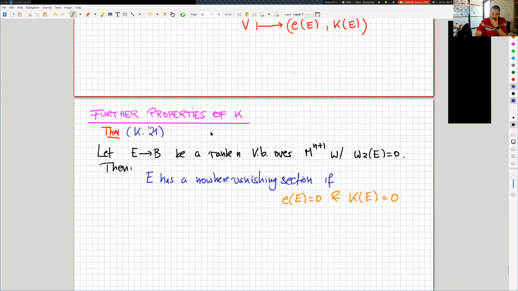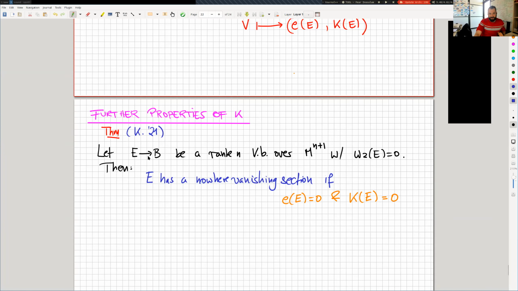And what is the property of this? This is also a very geometric property. I told you that if you have a vector bundle of rank n+1 over a manifold of dimension n+1, then this vector bundle has a section if and only if the Euler class of this bundle is 0.